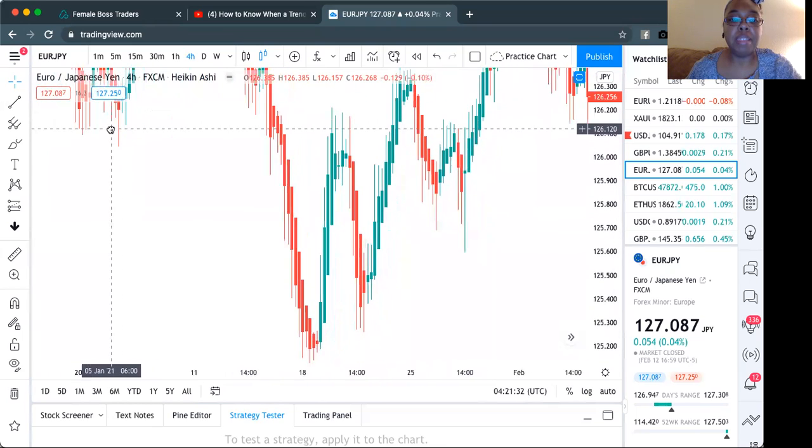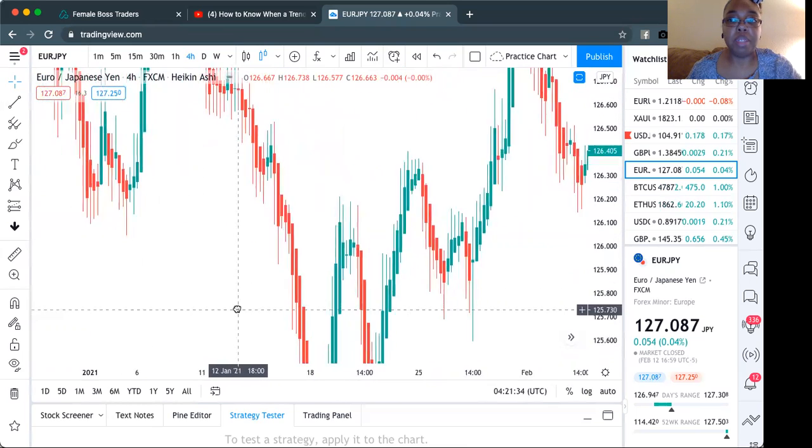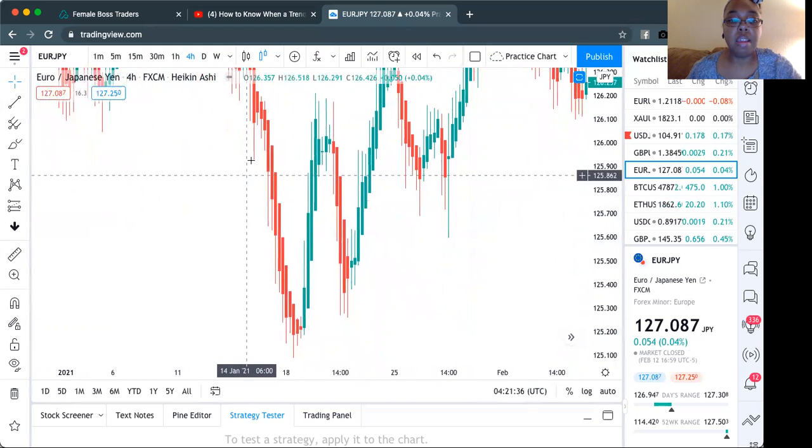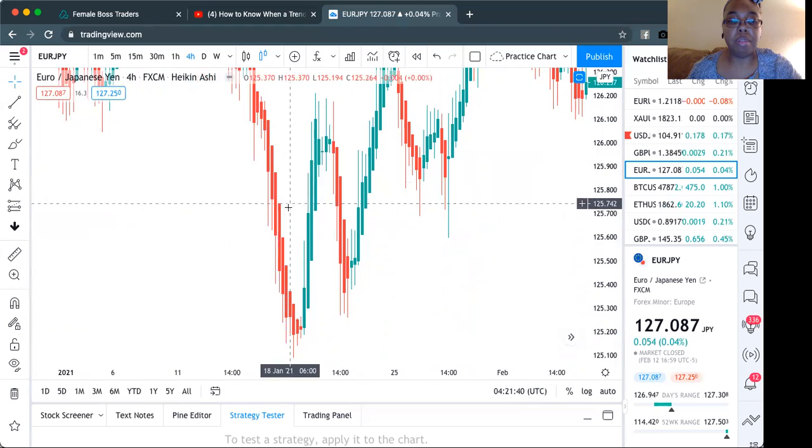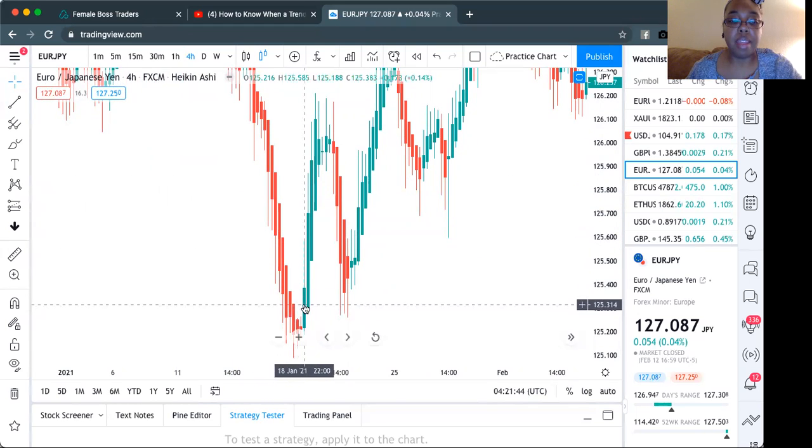Basically, without actually marking my chart up, I can see that there's definitely a major downtrend going down, and then this candle right here is where the breakout pretty much happened, and there was an uptrend.